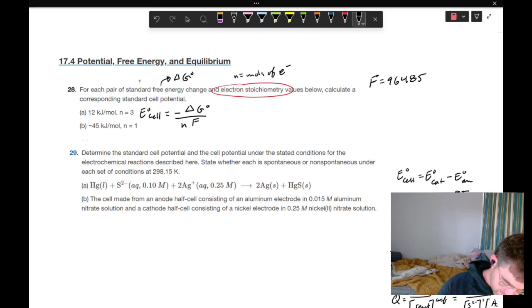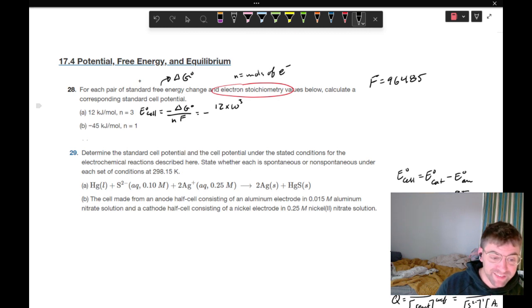So let me make this a little bit smaller so that we can ideally do both of these. So we have 12 kilojoules per mole as our standard free energy change, and an n of 3 for this first one. So we can just plug these numbers in. So negative 12 times 10 to the third, because we're in joules.